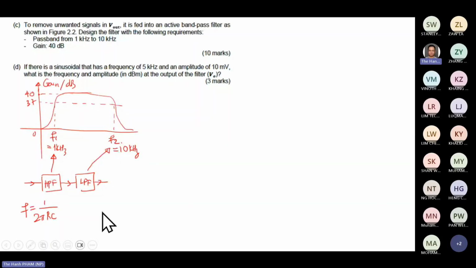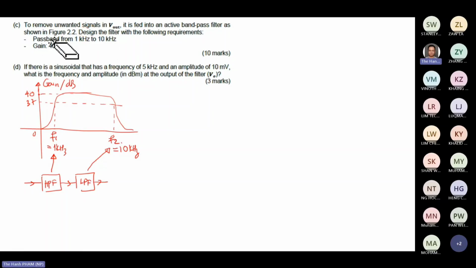So from here you know the product of RC for this high pass, and the product of RC for this low pass. The question is open-ended, something like design, so you can choose the values.